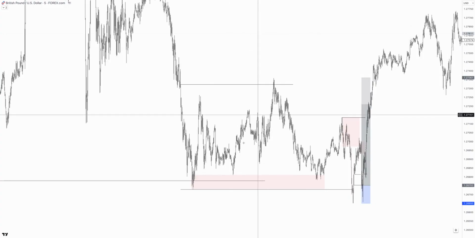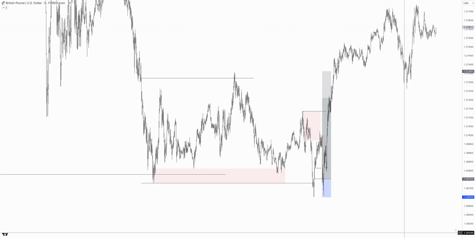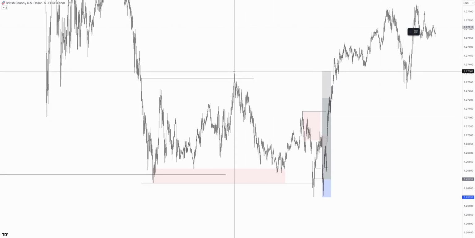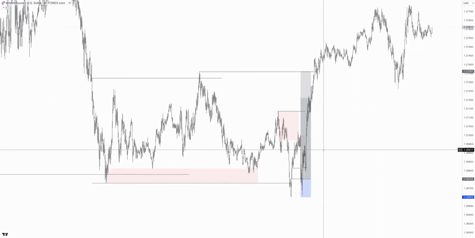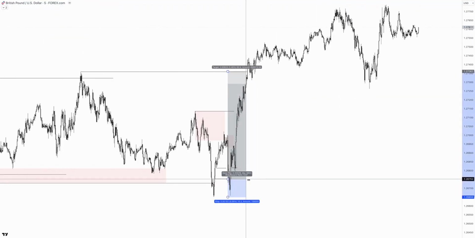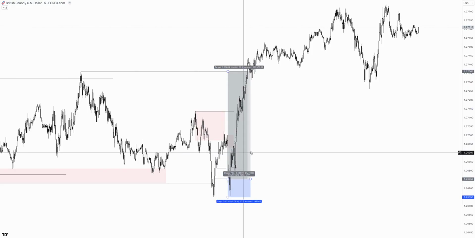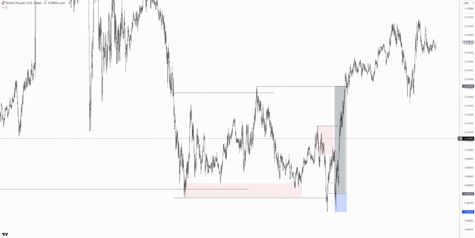Because structurally speaking, this is the low, this is the lower high, and then you got your lower low, right? So I'll be targeting the structural high right here, and pretty much gives you a nice 1 to almost 6, okay?